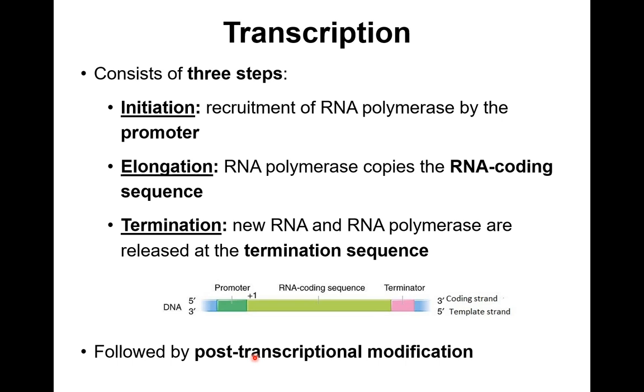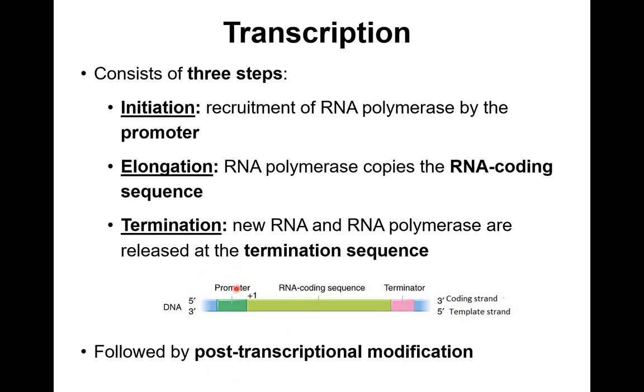Now, transcription is conveniently divided into 3 steps. You see the naming is the same as translation, but they're very different steps. In the first step, you have what is called initiation. This corresponds also to the different parts of the transcription unit.